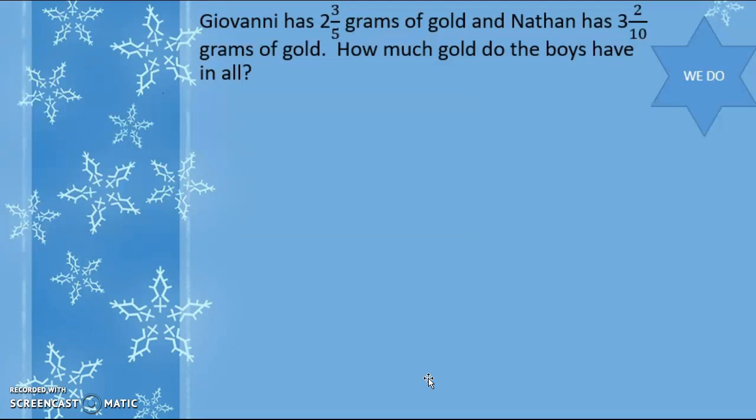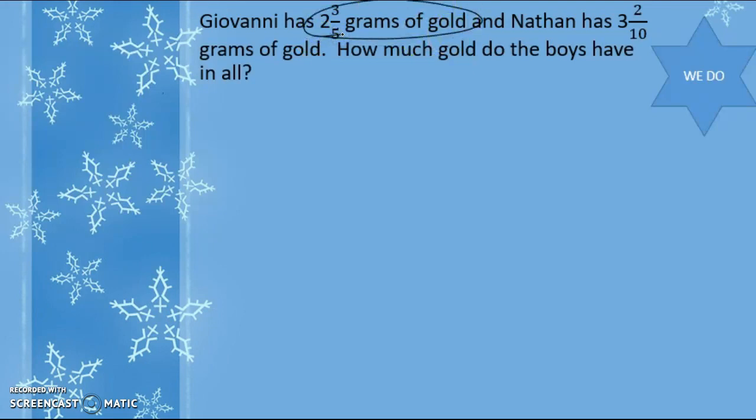Our next problem, we're going to do this one together. What should we do first? Think it in your mind. Right. We should read the problem, circle the important information, and underline the question.